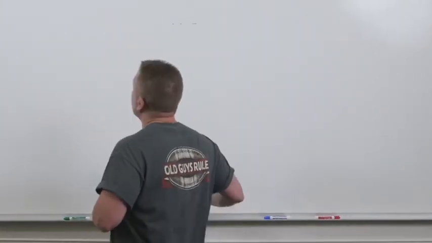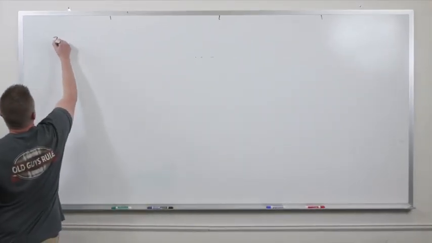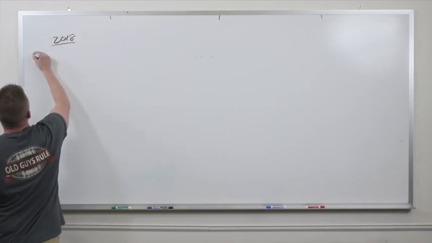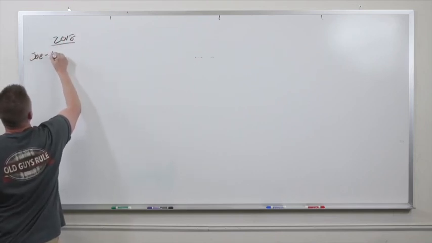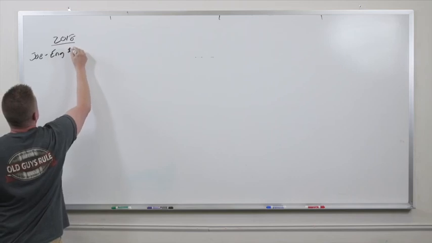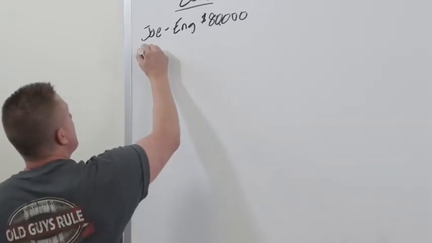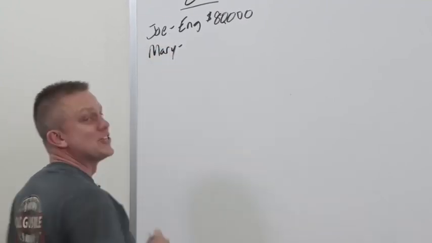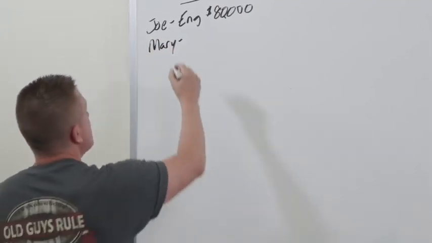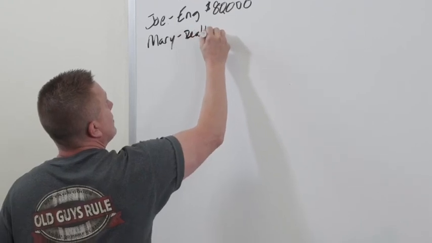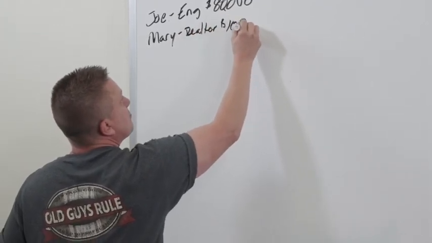Okay, so we're going to start with a story. We're going to tell a story about a couple in 2018. Joe, the husband, he's an engineer, we'll say, and he made $80,000 on his W-2 last year. His wife, Mary, she's a realtor, and last year she made $100,000 in her business.